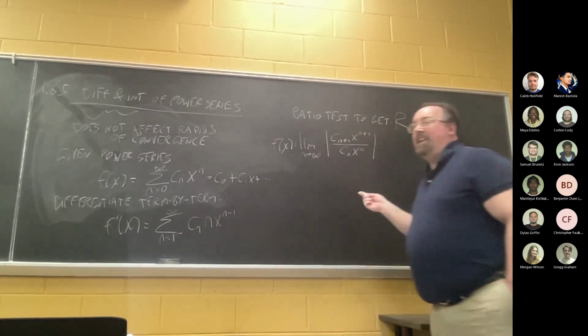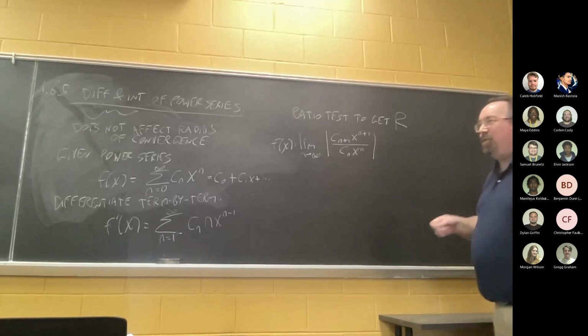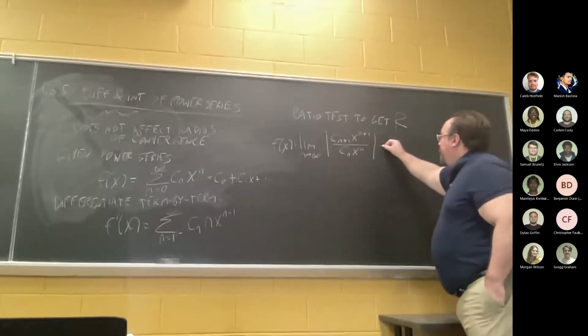Now, I don't know what Cn is. I'm just making up a generic power series, so I'm not going to be able to figure this out all the way, but that's not the point.